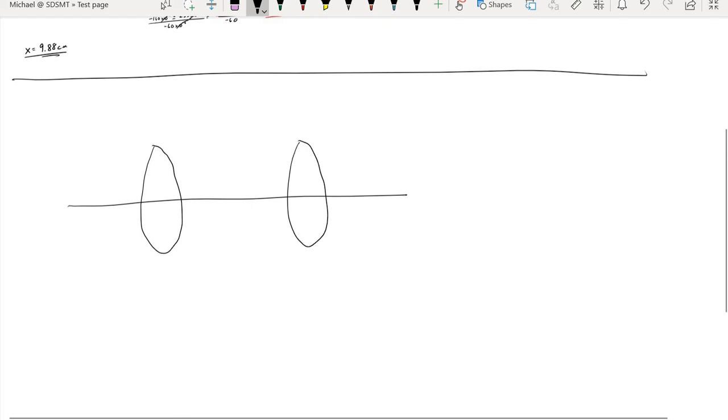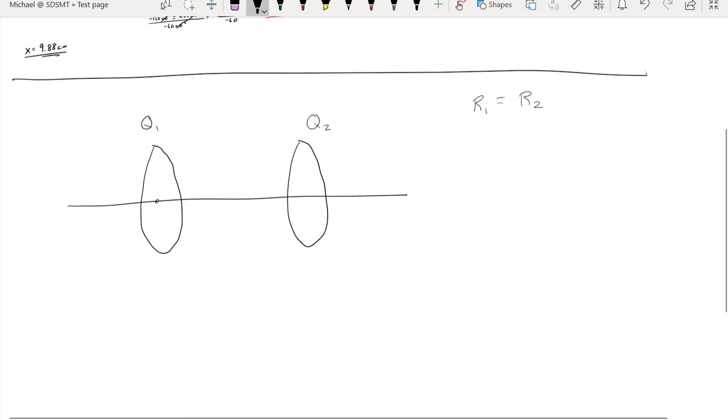So I have 2 charges that are going to be spread out over the 2 rings in this system, and we'll say that the radius of ring 1 is equal to the radius of ring 2.